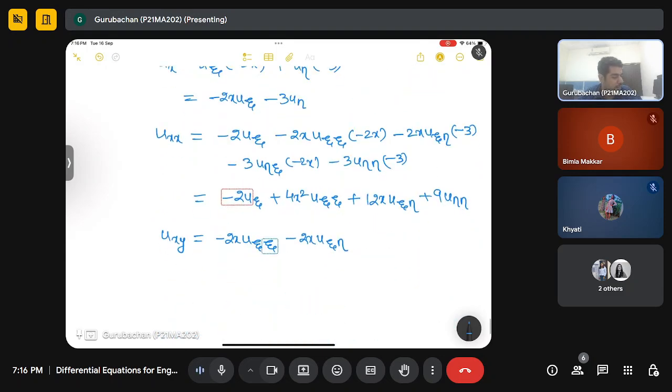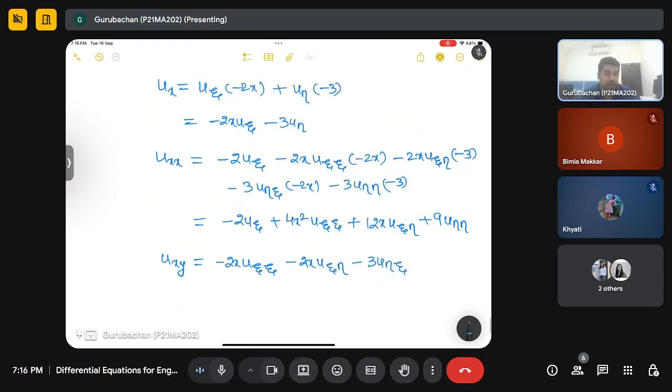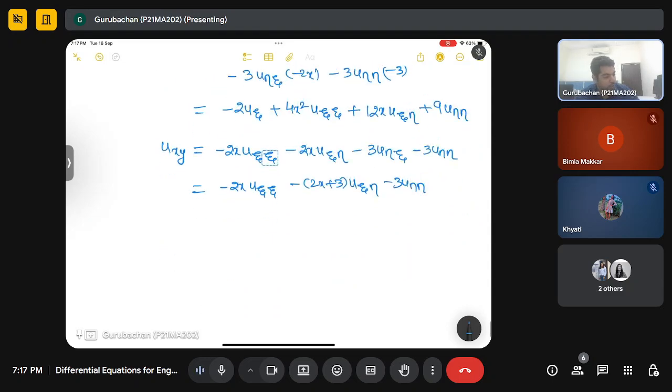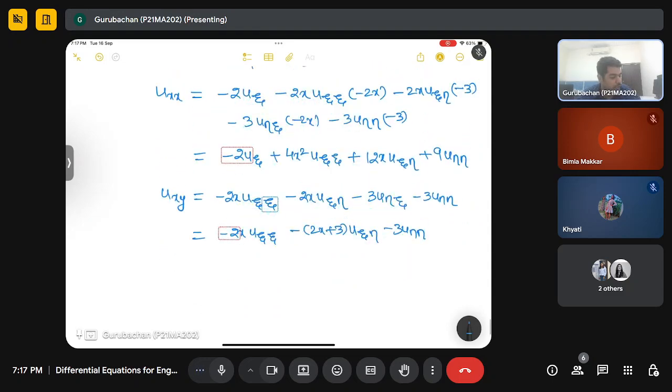Next is minus 3 u eta xi, and xi with respect to y is again 1. Next is minus 3 u eta eta, and eta with respect to y is again 1. So this will give us minus 2x u xi xi minus (2x plus 3) u xi eta minus 3 times u eta eta. So from here you get the value of uxy.